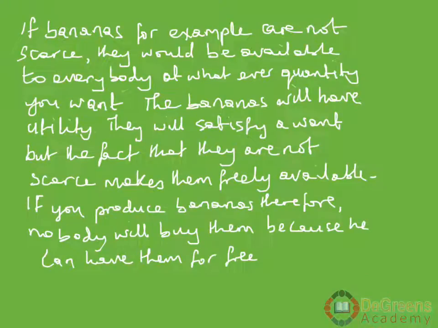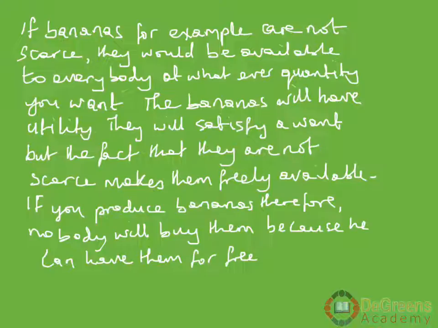The bananas, for example, are not scarce. They would be available to everybody at whatever quantity you want. The bananas will have utility. They will satisfy a want. But the fact that they are not scarce makes them freely available.